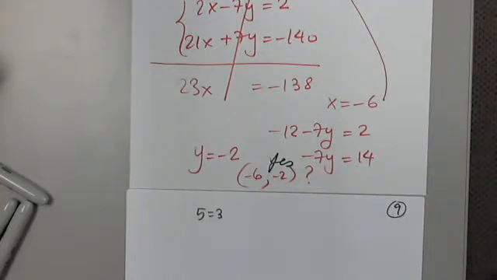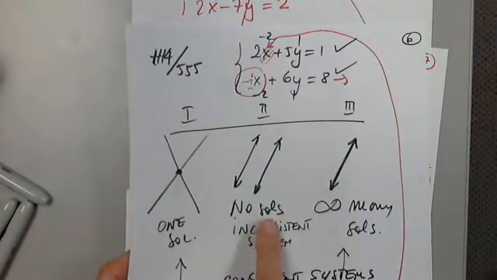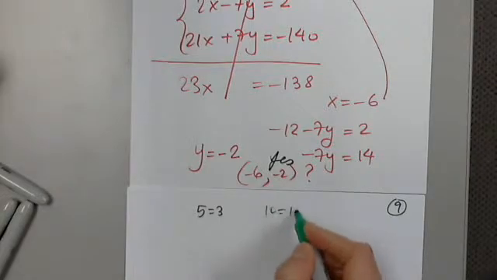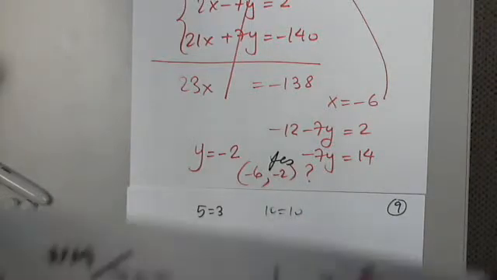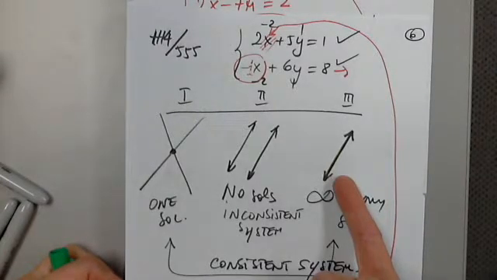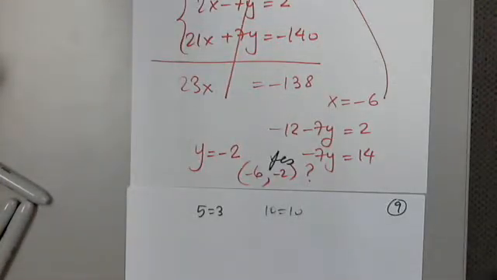No solution. What if I don't get x, I don't get y, but I get 10 equals 10? Which of these 3 cases is it? Exactly. Any questions?